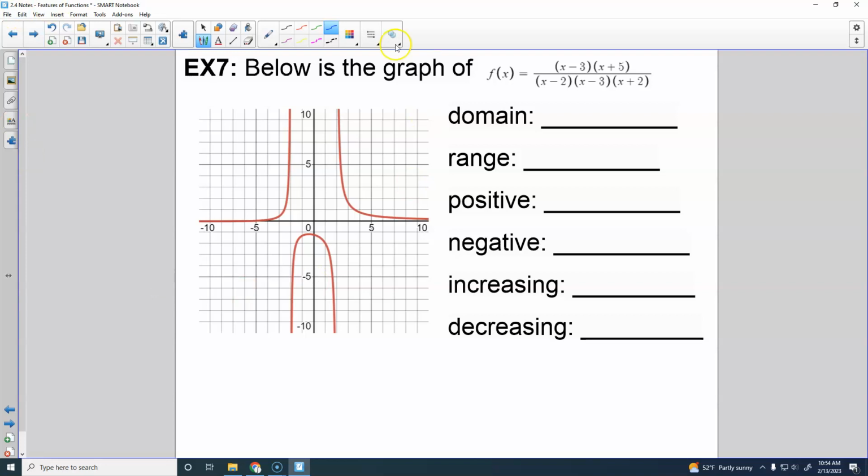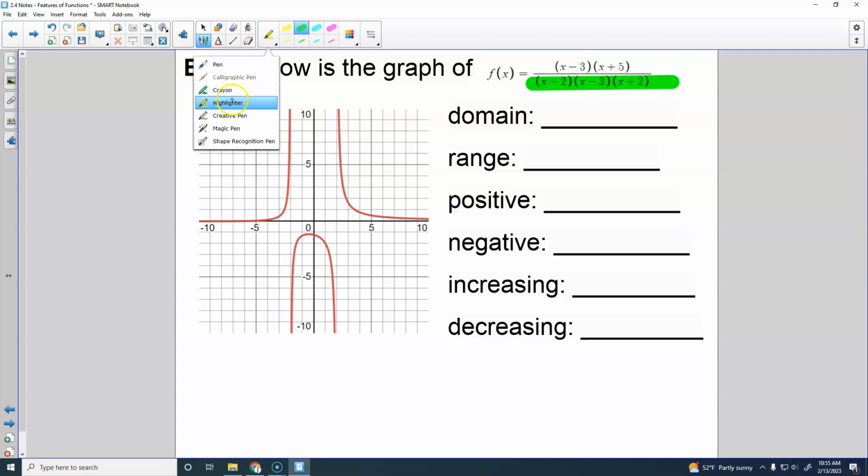Okay, now you're going to use a combination of the graph and the equation to help you answer this question, because that graph is not going to show some of your discontinuities for this. So when we have a function like this, we can tell where it has discontinuities. Anywhere it has a discontinuity, that cannot be part of its domain. So we have to look at the denominator, and in our denominator, I've got an x minus 2, x minus 3, x plus 2.